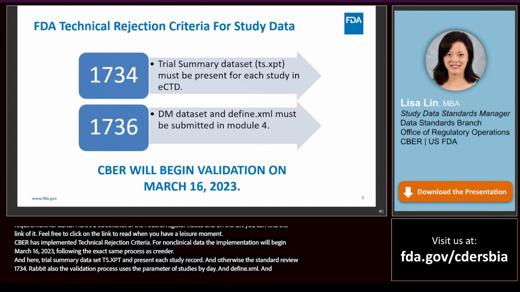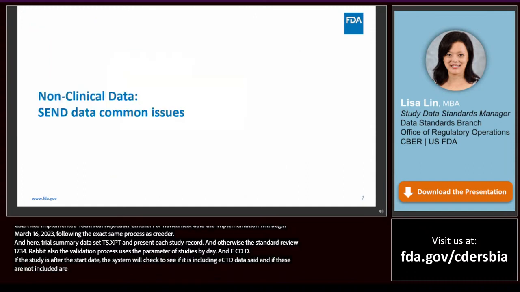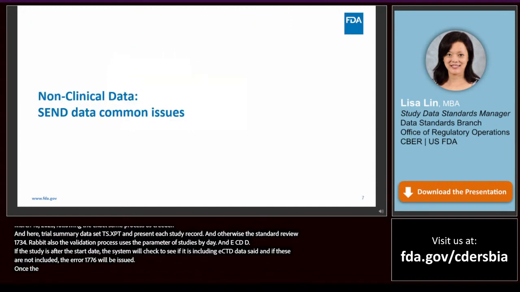If the study start date is after the requirement start date, the system will check if the submission includes DM dataset and define.xml in Module 4. If these are not included, the error 1736 will be issued. Once the SAND data comes into CBER, data will be loaded into SAND Explorer tool for reviewers to review.